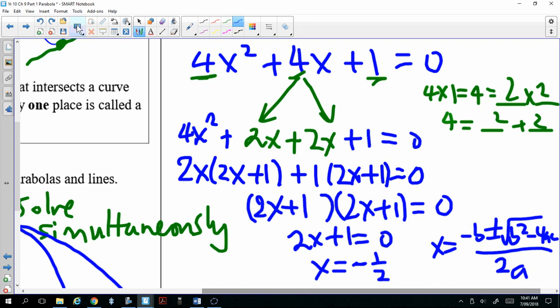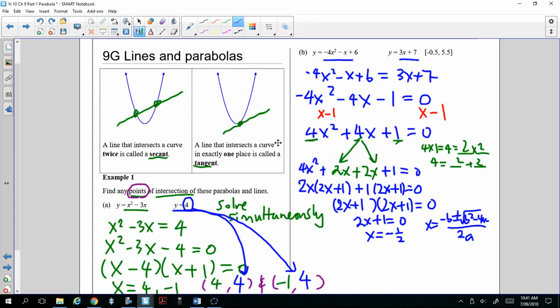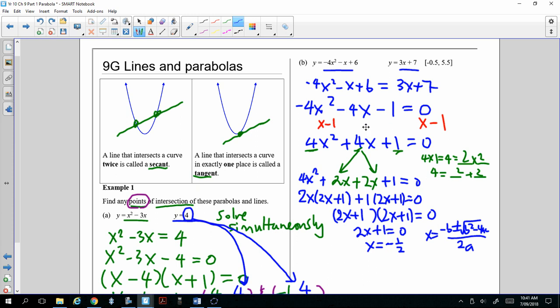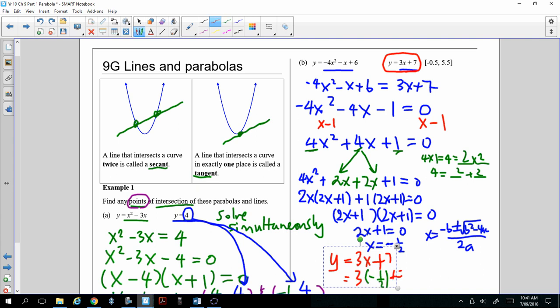You also have to find y. How do I find y? Use the easier equation, usually the line one. So we substitute that into the line. Substitute negative half in: negative half plus 7. You can use your calculator, or you can do it without. What would that be?